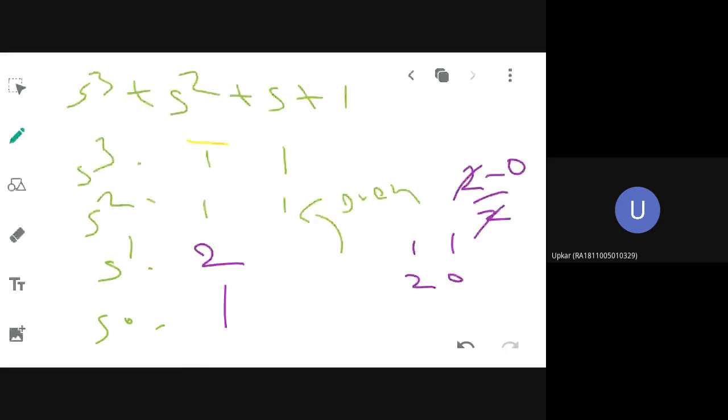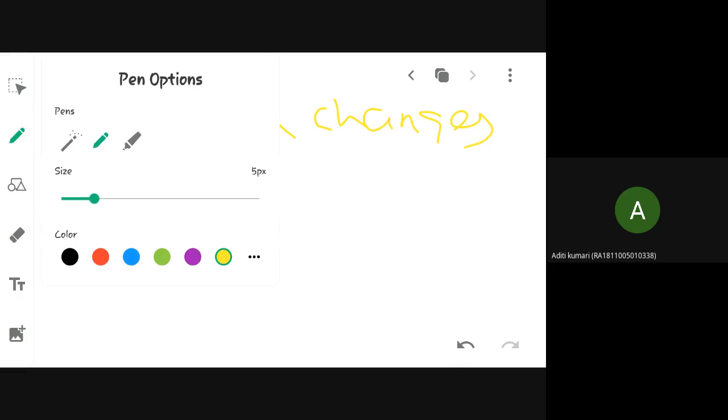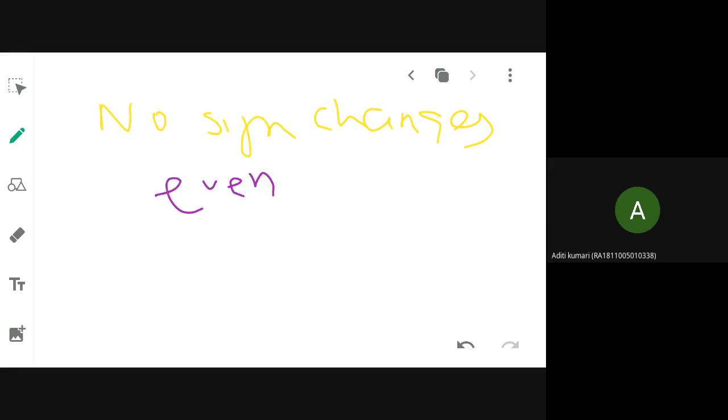Are there any sign changes you have to observe? No, ma'am. No sign changes. But there is an even polynomial given by s squared plus 1. You find the roots.